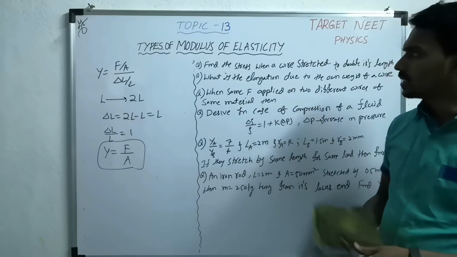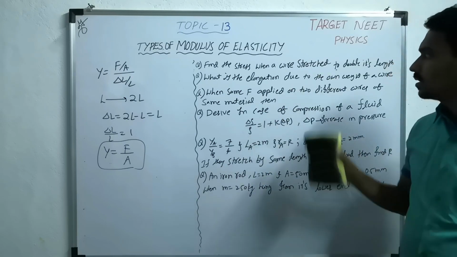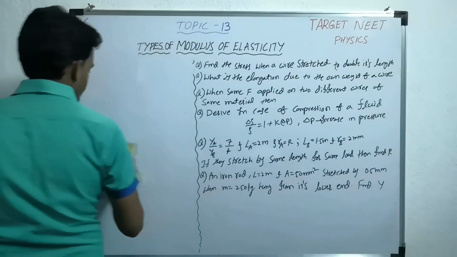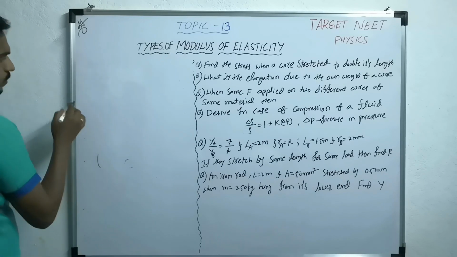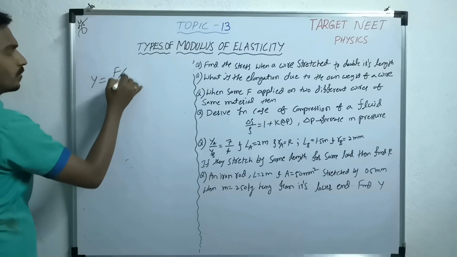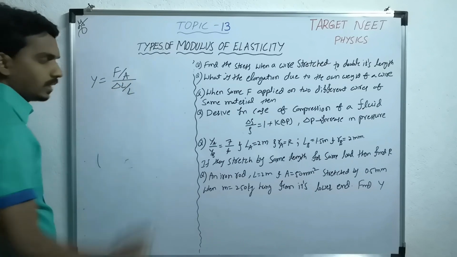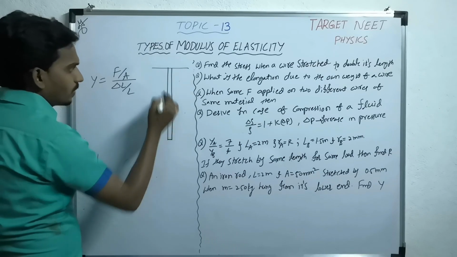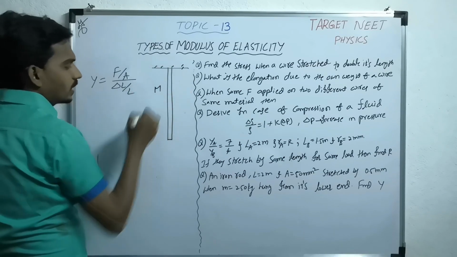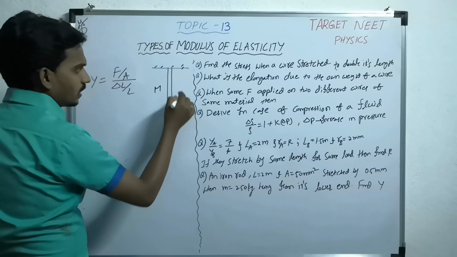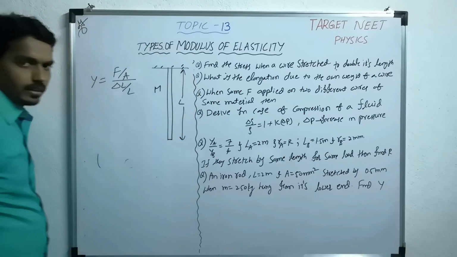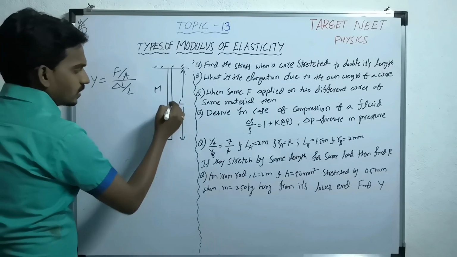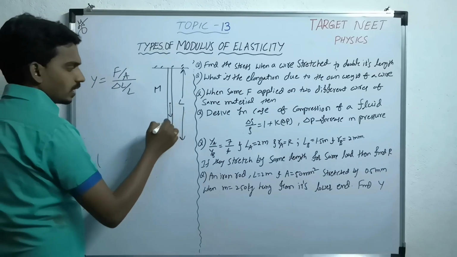So this way you can apply the formula whatever you have. Now the second question, what is the elongation due to the own weight of a wire? Again elongation means Young's modulus. The formula is same, F by A by delta L by L. But here if you consider a wire hanging from a fixed support, let's take the mass is M and the length of the wire is L, then the weight mg will act at the center of mass.